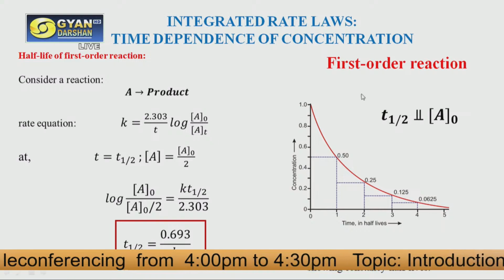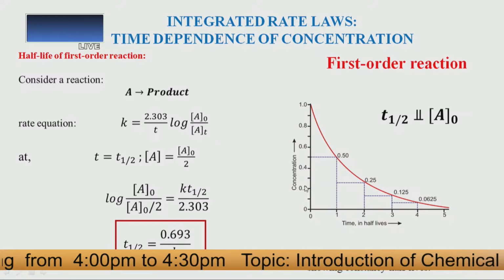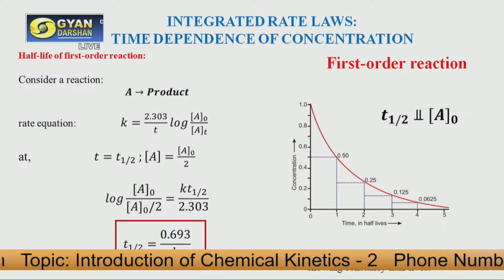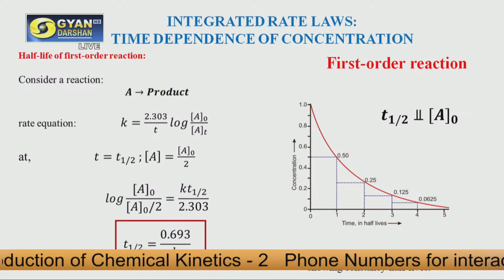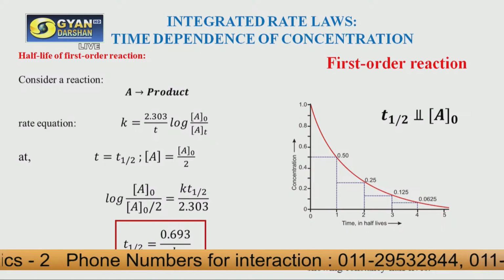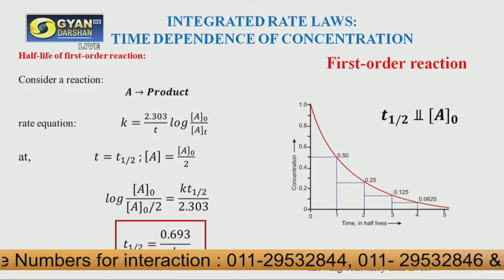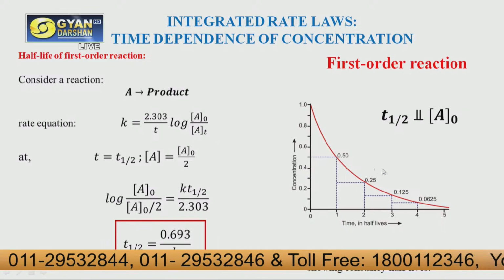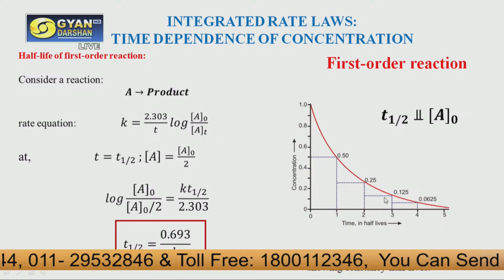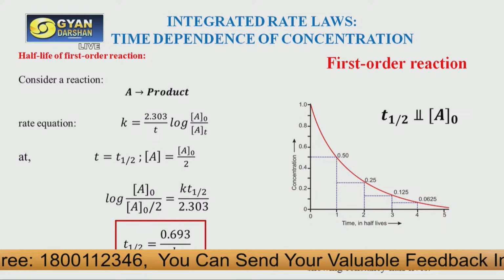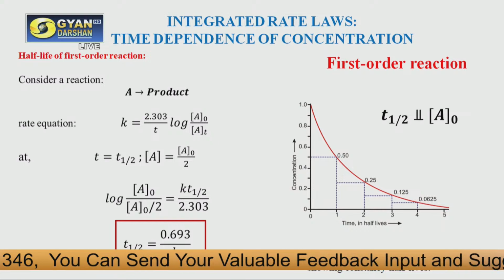From the graph, if we plot a curve of concentration of A versus t for the first order reaction, you can see the constant half-life: the first half-life is exactly similar to the second half-life, which is similar to the third, and so on. So the half-life for the decay shows consistency in the first order reaction.